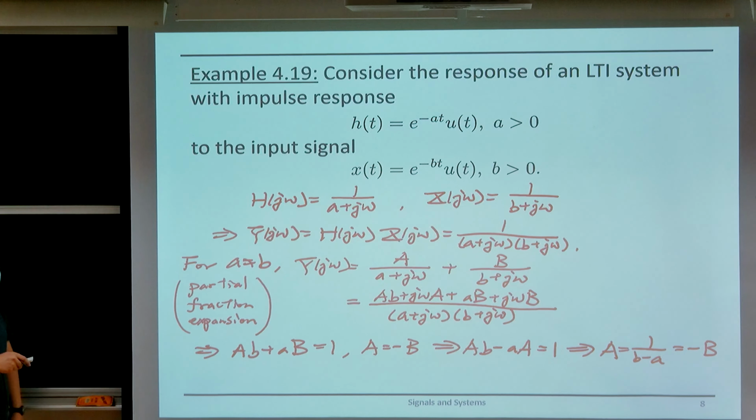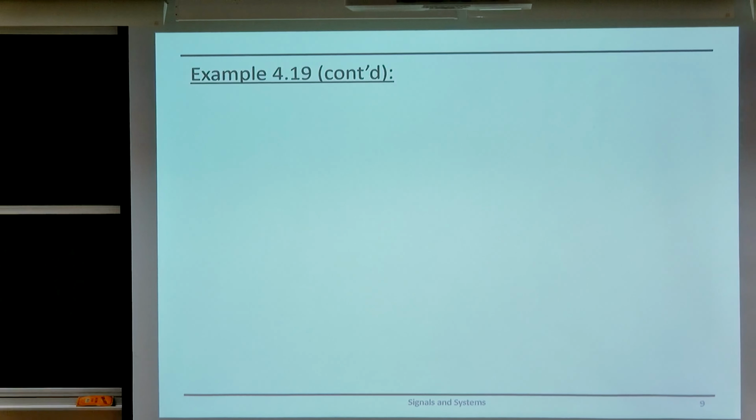So this is just how you obtain this expansion using the partial fraction expansion approach. You take the values of A and B, plug them back inside, and you will get Y(j omega) equal to 1 over (b minus a) times (1 over a plus j omega minus 1 over b plus j omega).